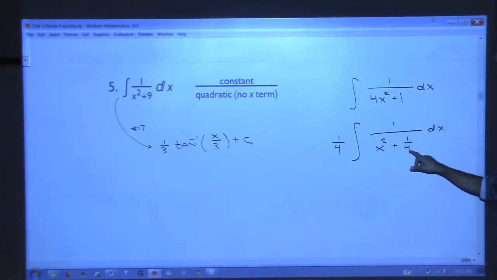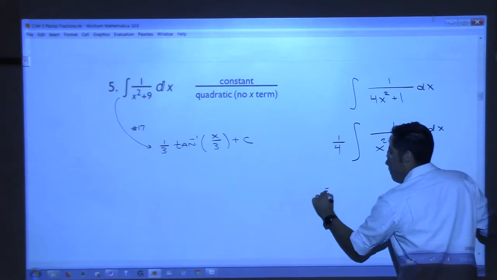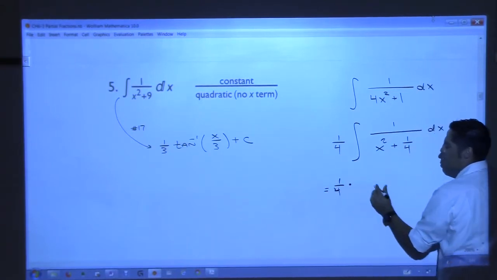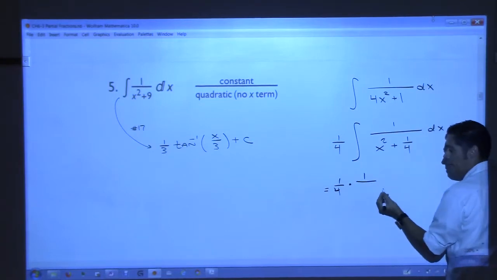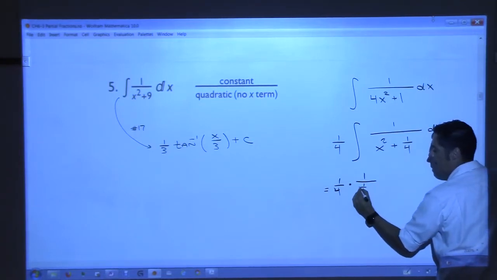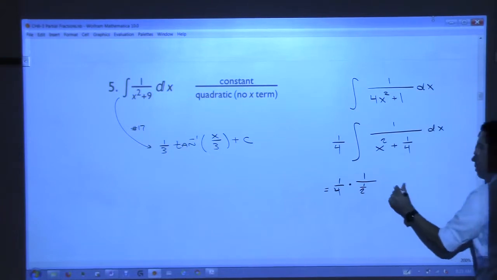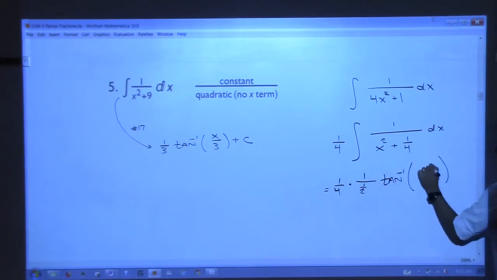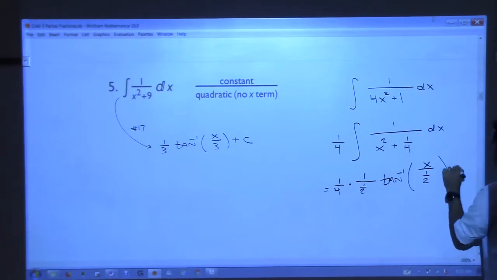The square root of 1/4 is 1/2. So this will be 1/4. That's this 1/4, right? And then the formula, which is 1 over a, what's a? 1/2. That's going to flip and become a 2. Okay, arctangent of x over 1/2 again plus c, and I can flip that half up and make that 2x.